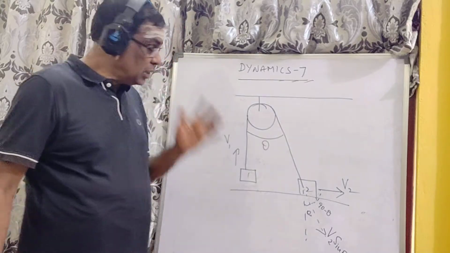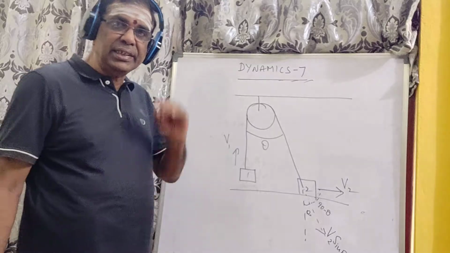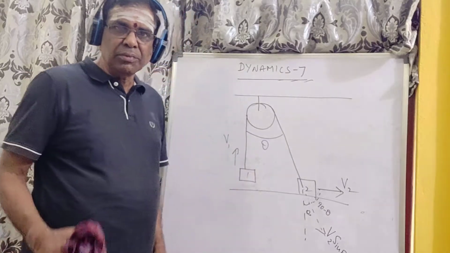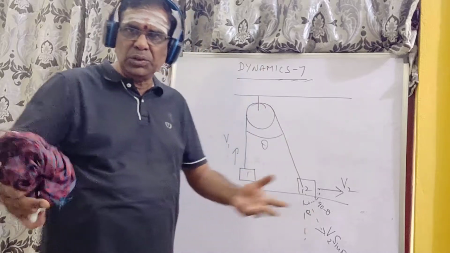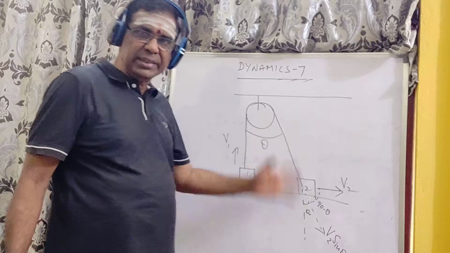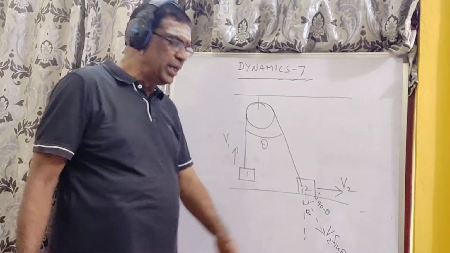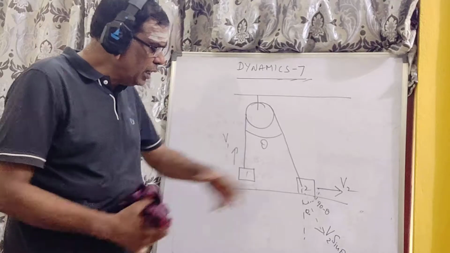Along the direction of the string, does the segment increase or decrease? Previously, whatever you did, they were vertically up, down, so there was no issue at all. I didn't make a mention that it should be taken along the string, because anyway you were taking it. Now it's very simple.